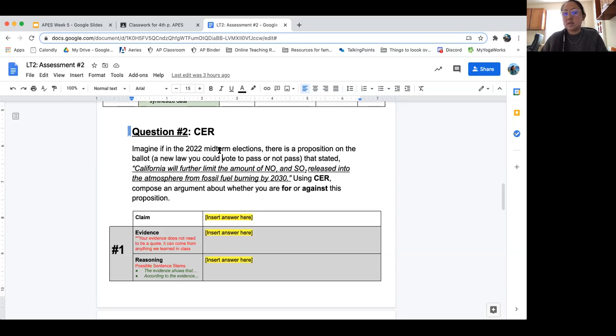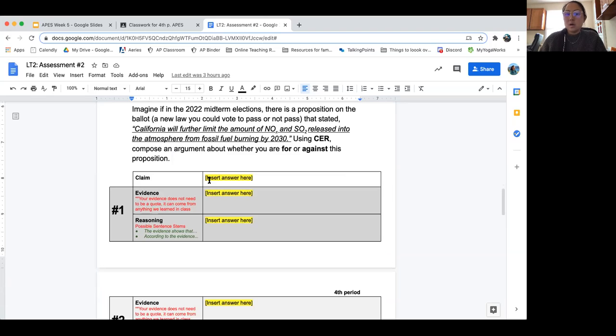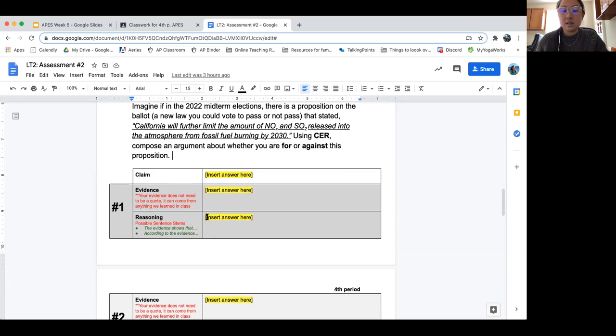You'll use the CER format to compose an argument about whether you are for or against this proposition. Again, just a reminder that your evidence doesn't need to come from a quote. It can be a summary of a fact that we learned in class, as long as you use your reasoning to really explain it and have it support your claim.